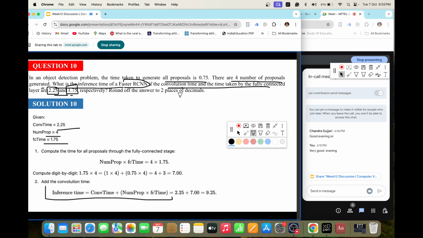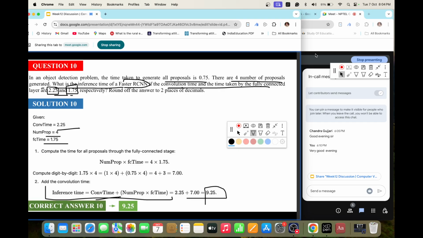If it is only RCNN and not Fast RCNN or Faster RCNN, then you have to multiply the number of proposals here also, that is 4 into convolution time. But as it is Faster RCNN, it is 1 into convolution time always. So convolution time is 2.25, and then number of proposals is 4 into FC time 1.75. So total it is 9.25, which is your answer.